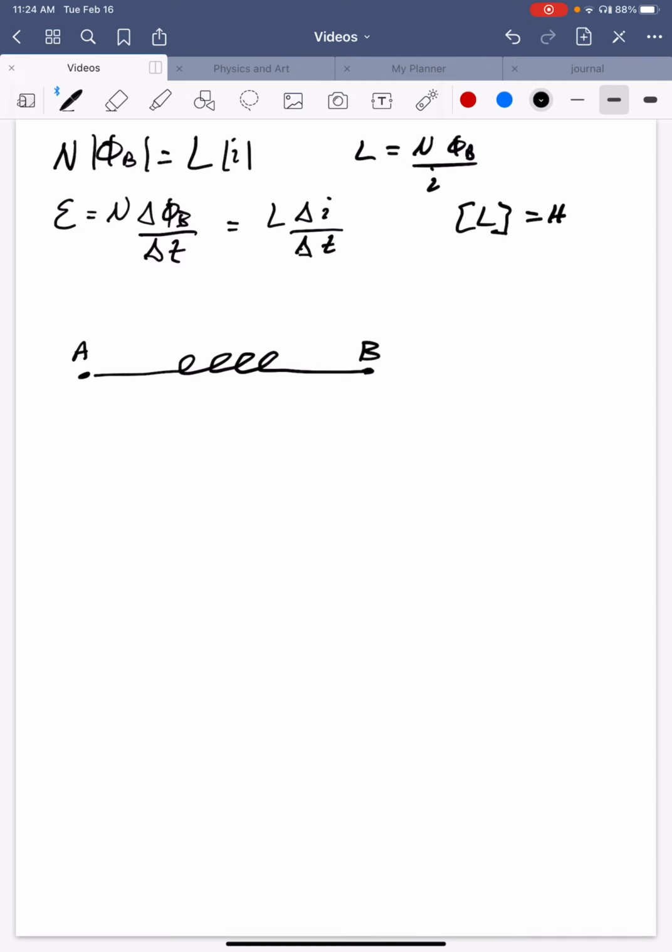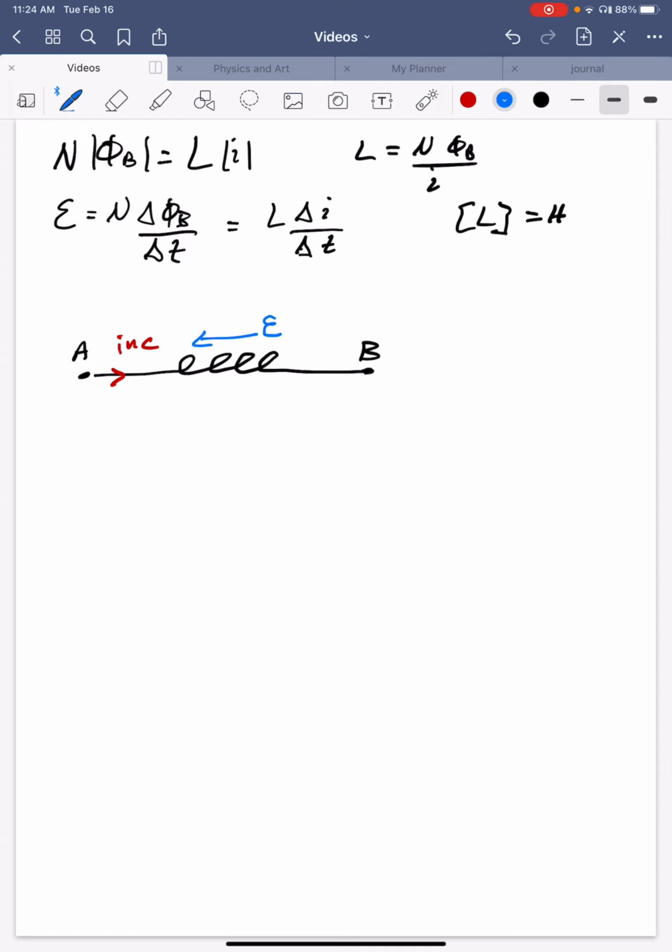So what does that mean? L's are going to be circuit components like we've had capacitors and resistors. So if I is increasing here, then that means that it's increasing the flux on the coil, which means that my EMF is going to be generated in this direction.